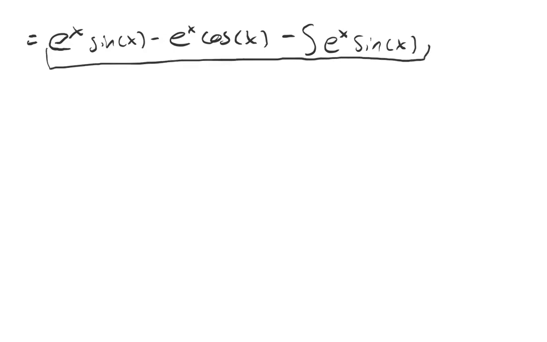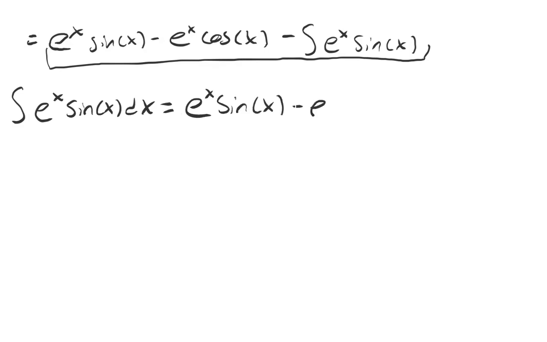Now I'm going to go back. What I started with was the integral e to the x sine of x dx. I applied integration by parts 2 times, and I found that this is e to the x sine of x minus e to the x cosine of x minus the integral e to the x sine of x dx.